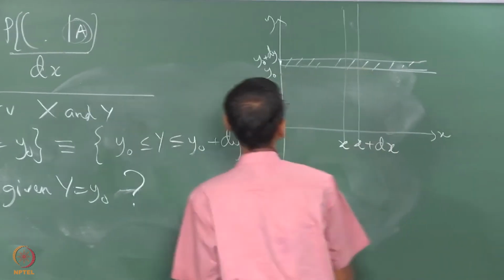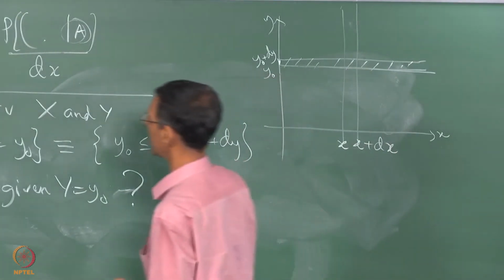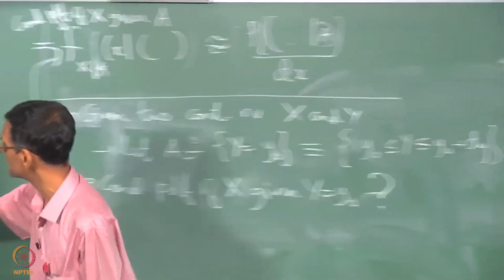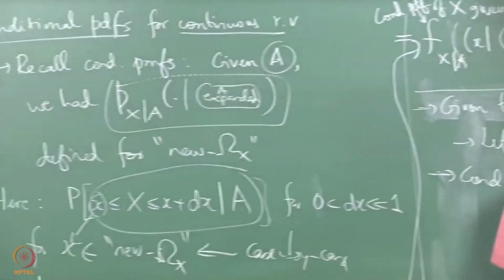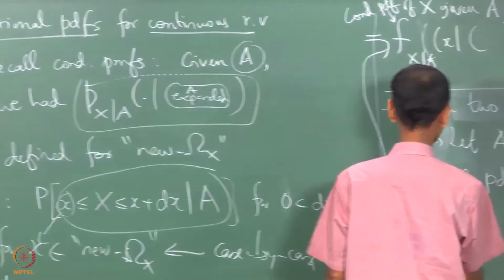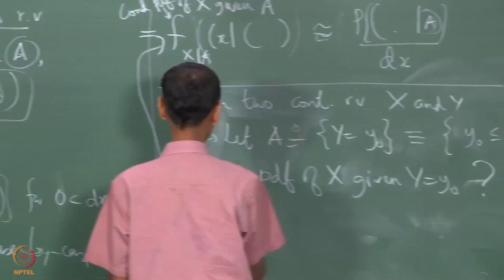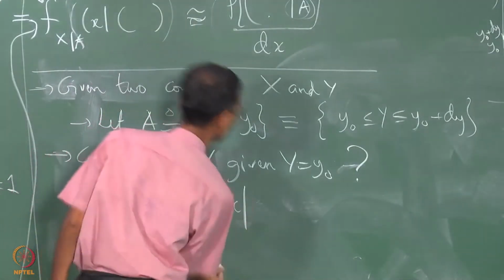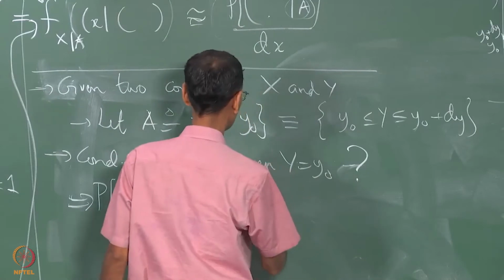So what do I want to calculate? I want to calculate this probability: x less than X less than x plus dx, given A. I will write it as A.